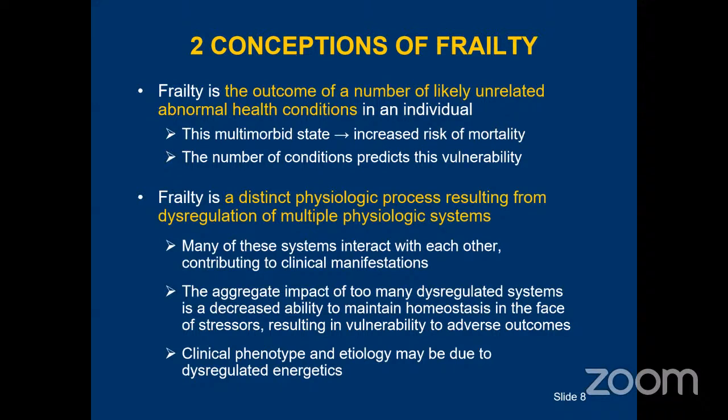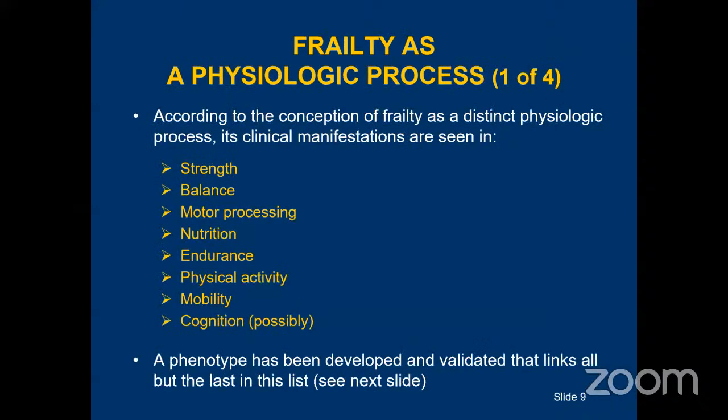Many of these systems interact with each other, contributing to the clinical manifestations. The aggregate impact of too many dysregulated systems is a decreased ability to maintain homeostasis in the face of stressors, resulting in vulnerability to adverse outcomes. And this is why we have a clinical phenotype and etiology, which would be due to dysregulated energetics, and this is what we're going to discuss.